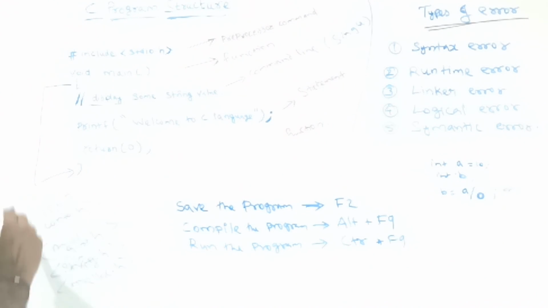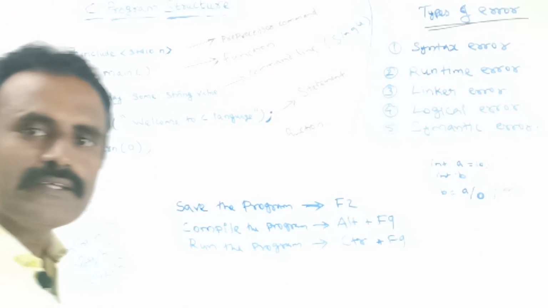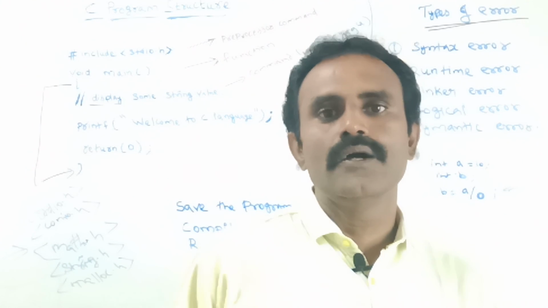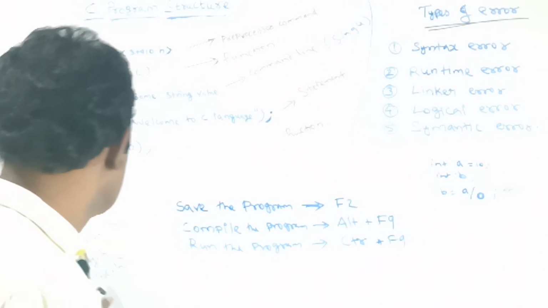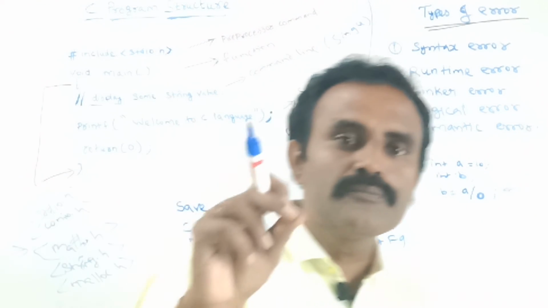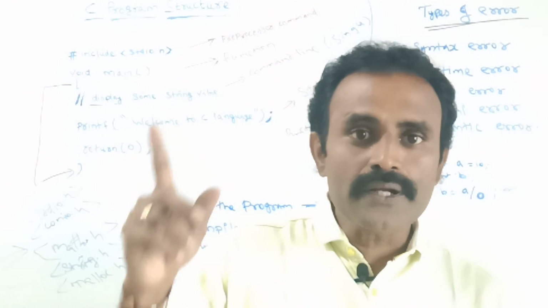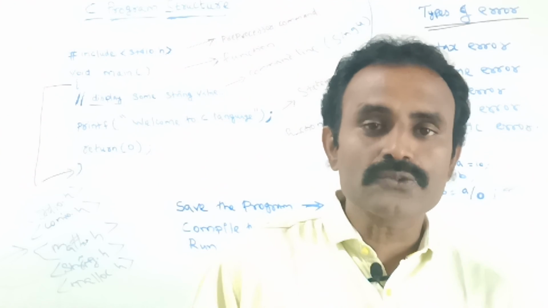So in this way there are a lot of header files. Each and every header file contains a group of built-in functions. So whenever we call those built-in functions, we should refer the corresponding header file in our source code.